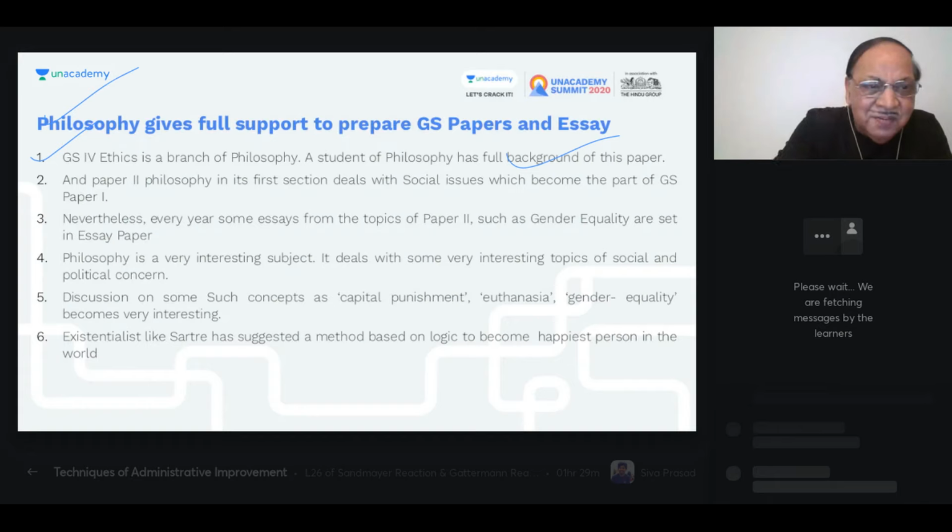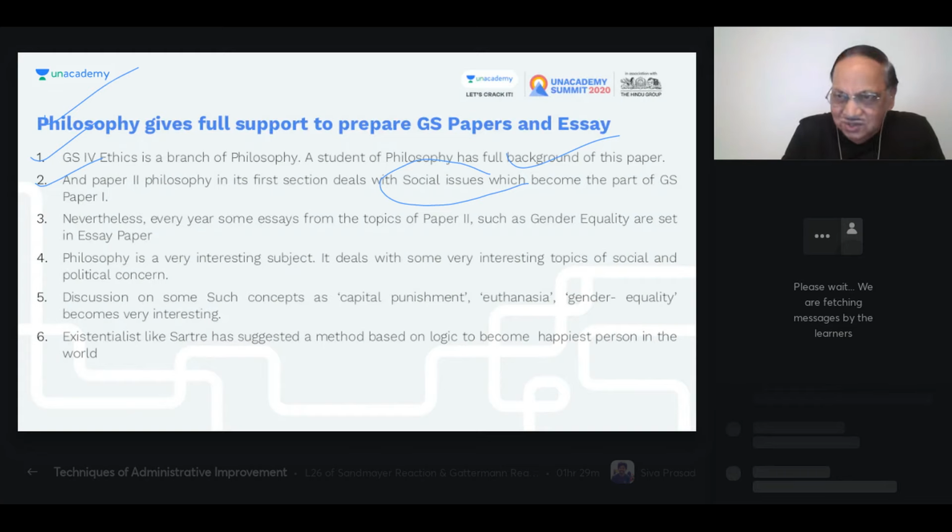And second, in Paper 2 of philosophy, in its first section, known as social and political philosophy, you are going to study some social issues like secularism, humanism, punishment, gender equality, caste discrimination, and so on.